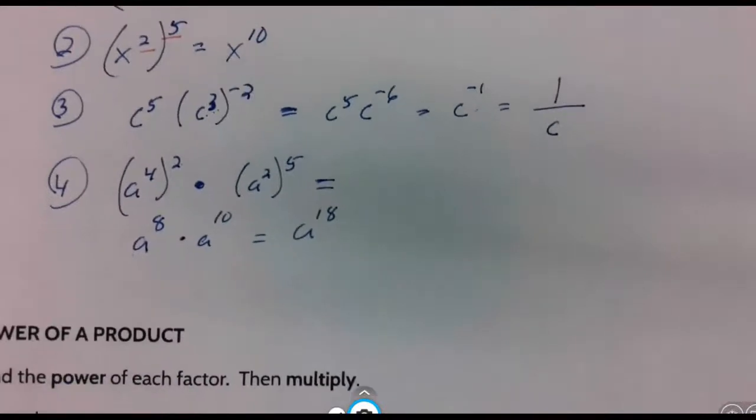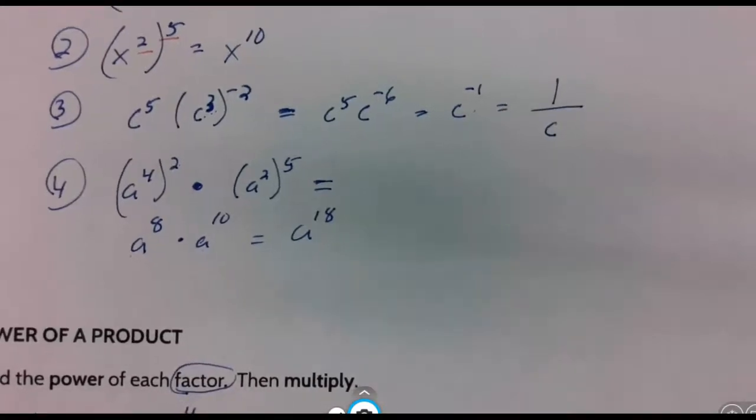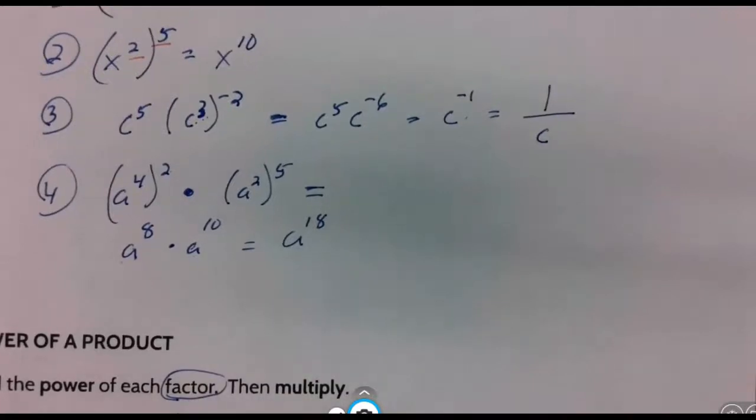Now the power of a product. Just look down here at the examples. I have 3x, all of it to the 4th. Find the power of each factor. So I'm going to take each of them: 3 to the 4th power times x to the 4th power. I'm going to do both of them.